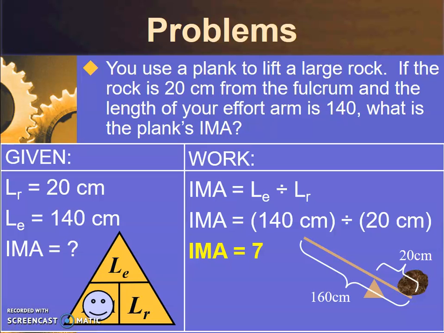Just be wary if I give you a problem with two different measurements, one in centimeters and one in meters, you have to convert one of them to make them match. Your two lengths must be in the same unit, whether that's centimeters or meters or kilometers. If they're already the same, you can just plug them right in. If they're not the same, you have to convert. So do be careful about that.